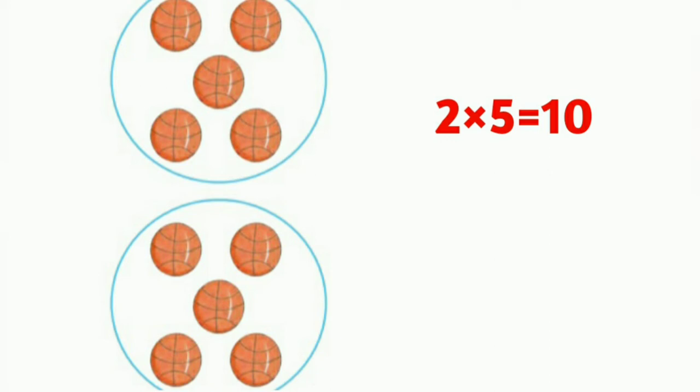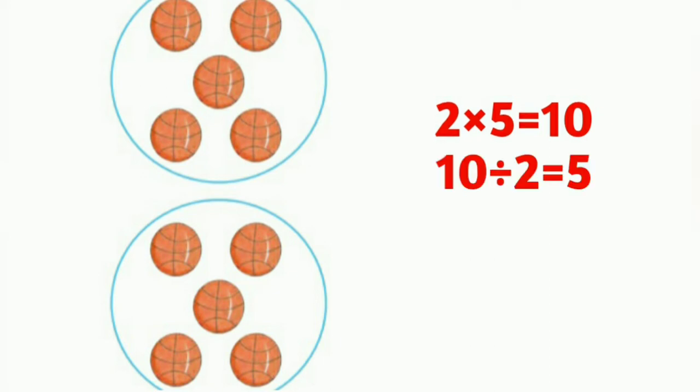So we will write 2 multiply 5. 2 5s are 10. Then to write the division fact, we will write the total number of balls. The total number of balls is 10. 10 divided by, now 2 groups are there, we will write here 2. 10 divided by 2 equals 5.